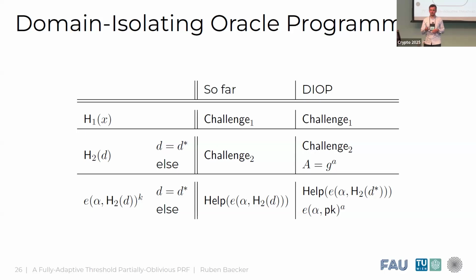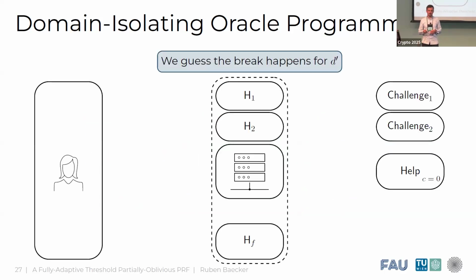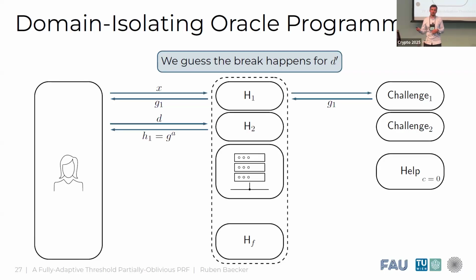We can also see how that works in the proof. In the first oracle run, we guess that the break happens for D prime. In the first protocol run, we return a challenge element for the first random oracle, but for the second random oracle, we return a trapdoor. So for the exponentiation, we don't need the help oracle, but can compute the exponentiation directly with the trapdoor. If the client now wants to abandon this protocol run, that is not a problem.